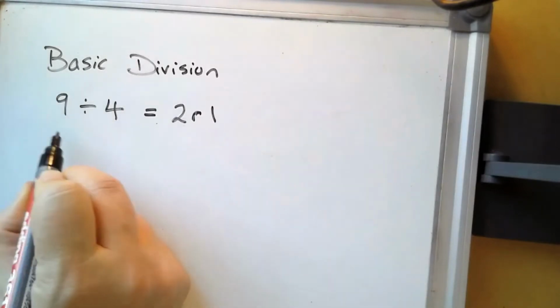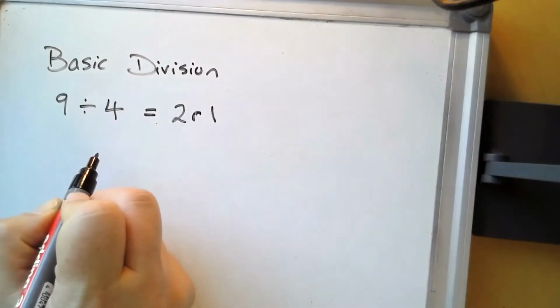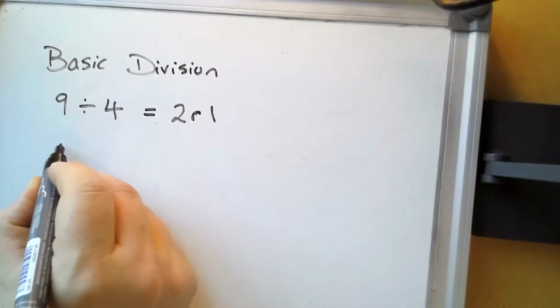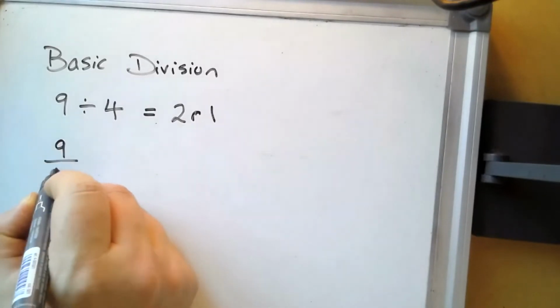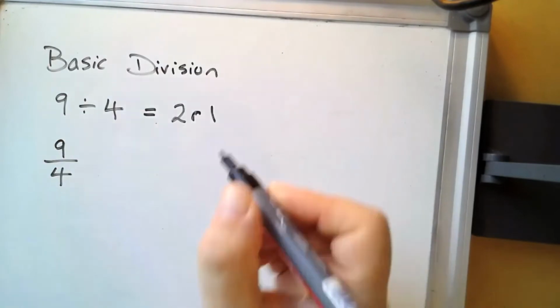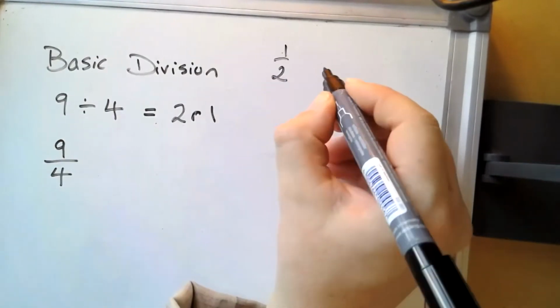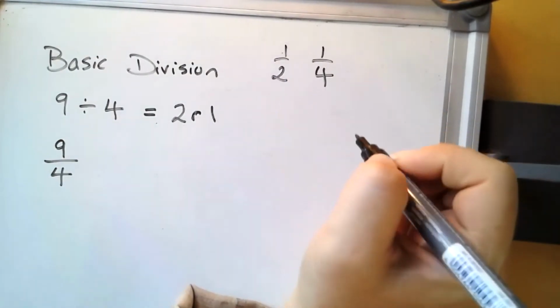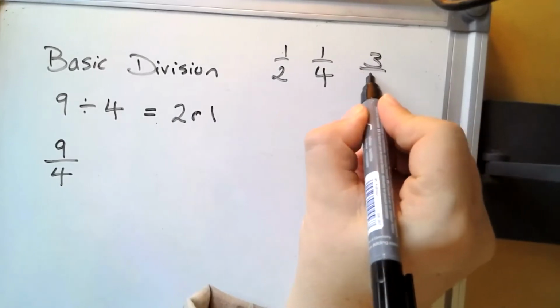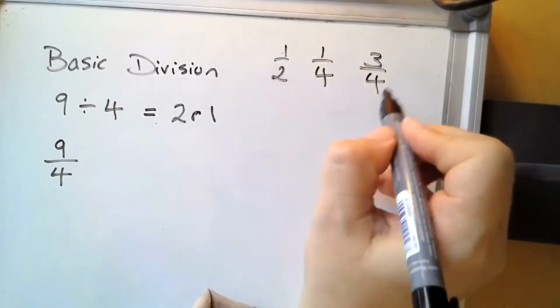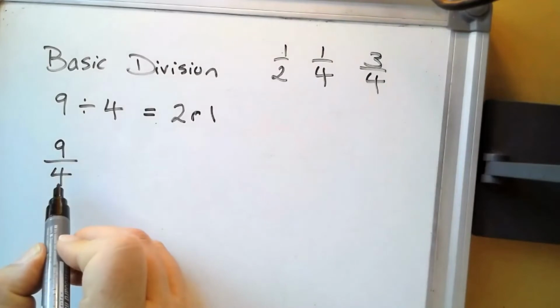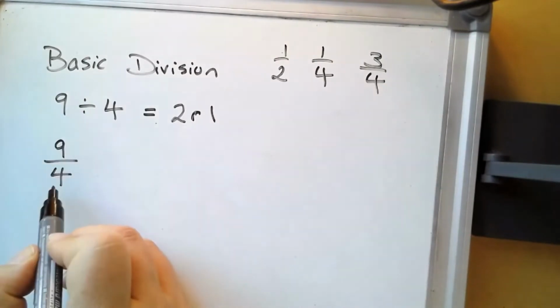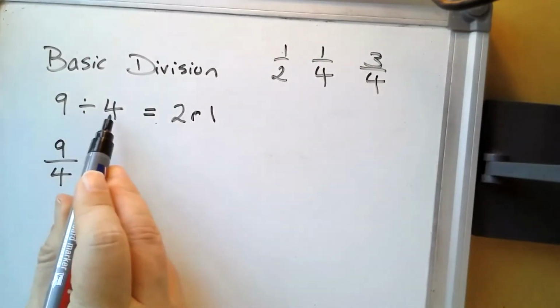We can write this division in lots of different ways. We can write it as a fraction. I don't know whether you've ever seen a fraction before, maybe like a half or a quarter, 3/4. These are all fractions, and actually a division is just a fraction, or a fraction is just a division.